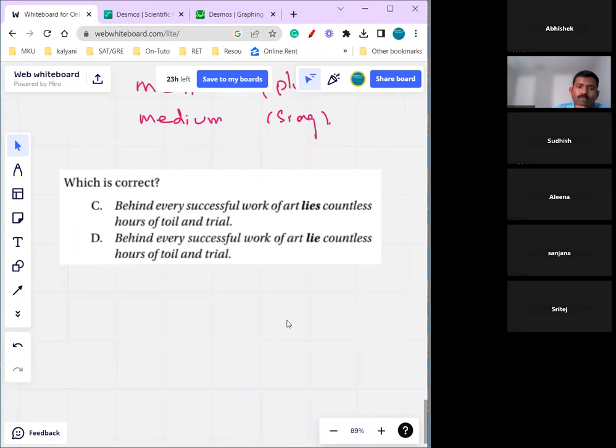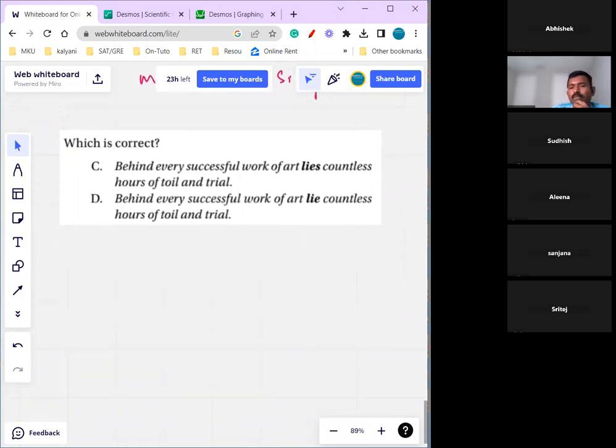Saket, can you please read this one for us? "Behind every successful workabout lies countless hours of toil and trial." In these two, which answer is correct? Is it lie or lies? Put them in the chat box. That's fine.